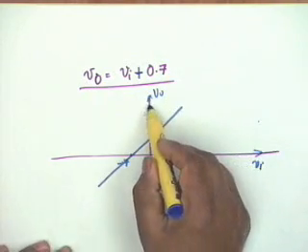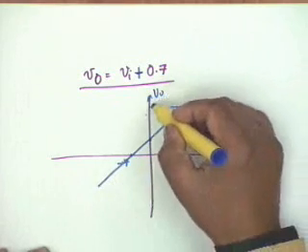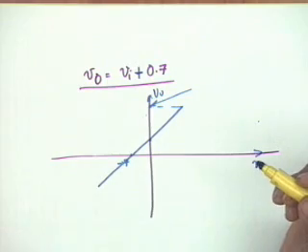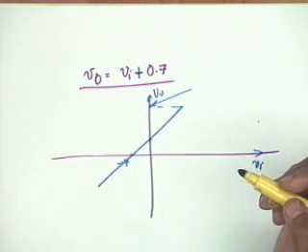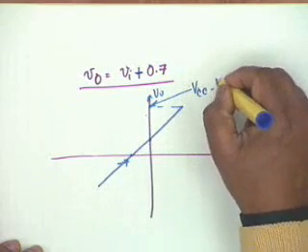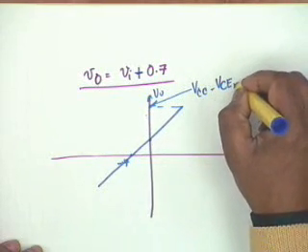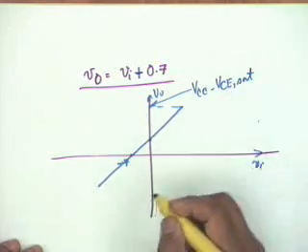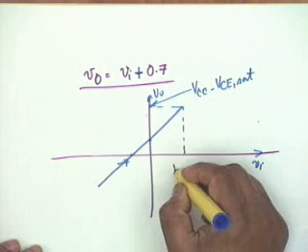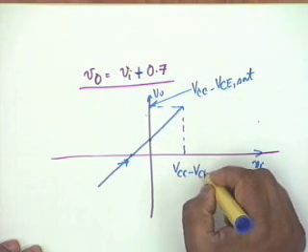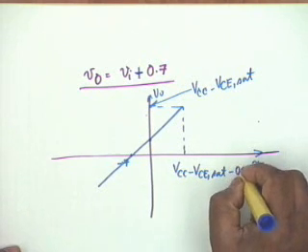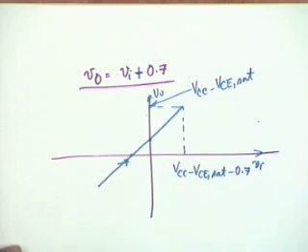Alright, the saturation, the maximum positive value of V0, obviously, if you refer to this circuit, is VCC minus VCE sat. So the maximum value is still VCC minus VCE sat, and it occurs at Vi equal to VCC minus VCE sat, yes, minus 0.7, agreed.